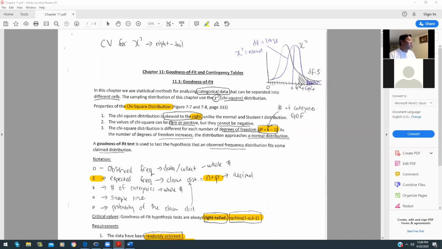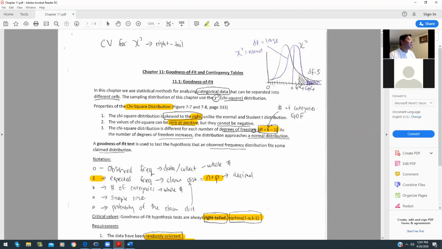A chi-square distribution can only take values that are 0 or positive. It means that if you draw the picture, the smallest number you can have is 0, and the highest is a positive number. So the chi-square distribution does not go to negative values, which means that when you do your test statistic, your answer is going to be positive. It cannot be negative.